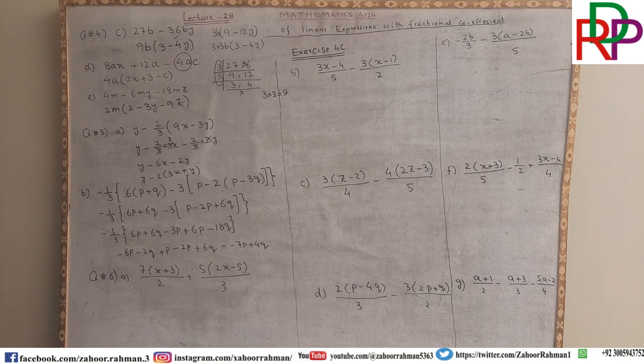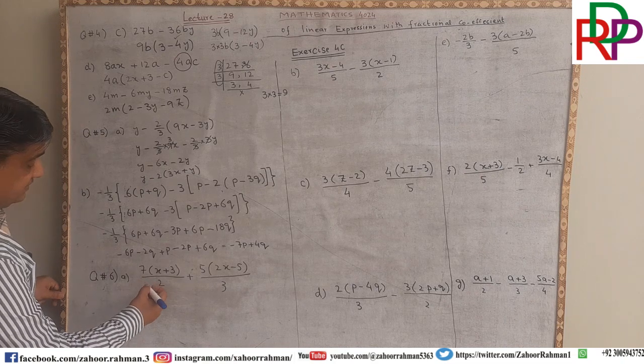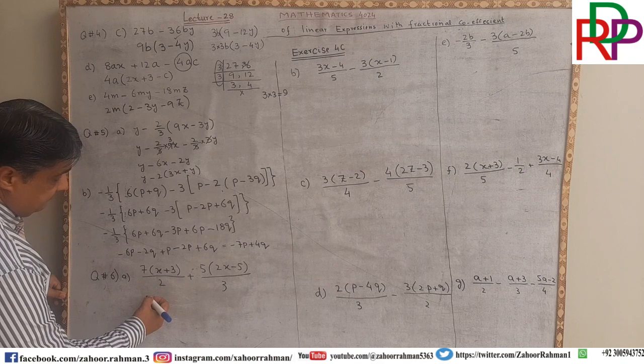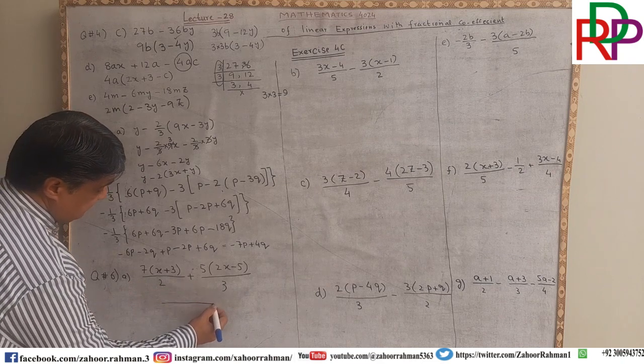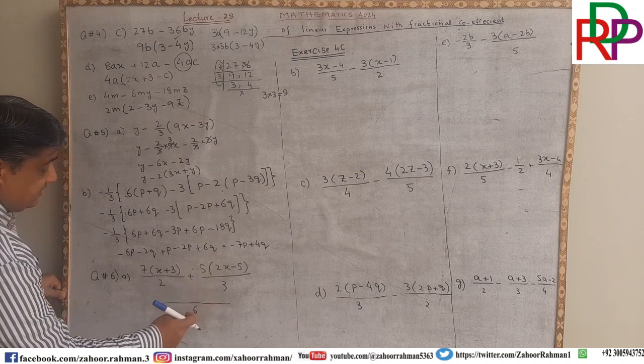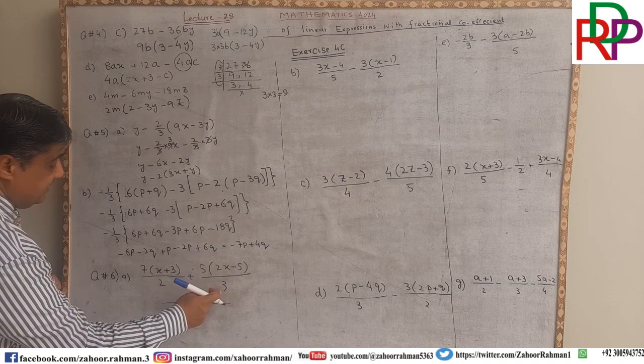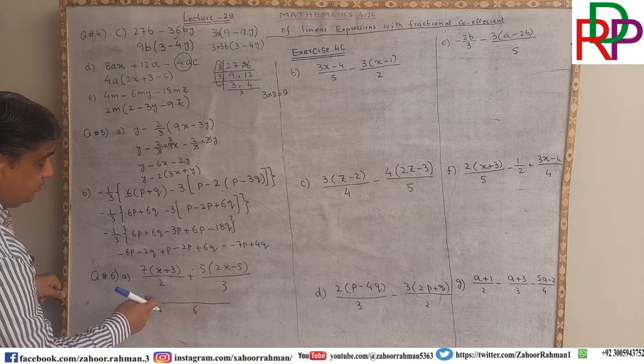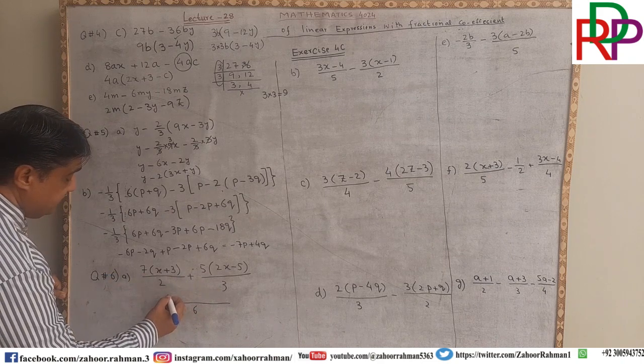Ladies and gentlemen, let us do this part, and here we have to take the LCM as 6. So when 6 is divided by this 3, we will get 2, and that 2 will be multiplied with 7.